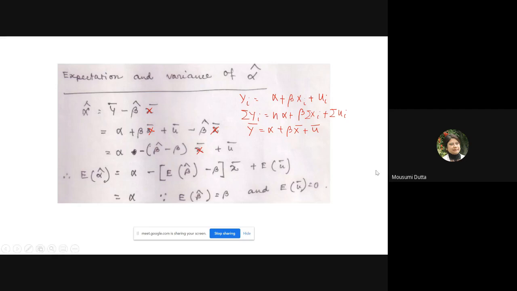And what about expectation of u bar? Expectation of ui is equal to 0 by the first assumption of unbiasedness. Hence, expectation of u bar is also equal to 0. So thus finally we can write expectation of alpha hat is equal to alpha.